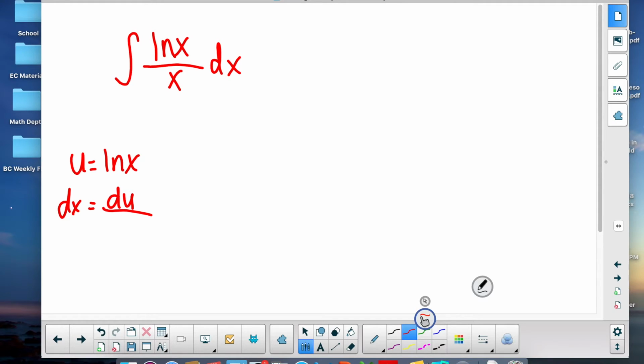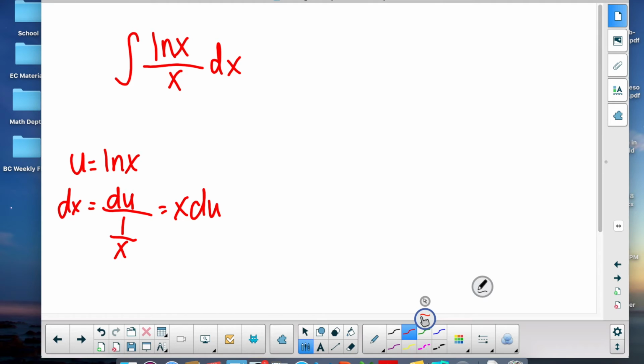u prime over u, where x is u in this case. Well, that's just ugly, isn't it? So how can we fix him? Multiply by the reciprocal. So really he's this, by multiplying by the reciprocal.